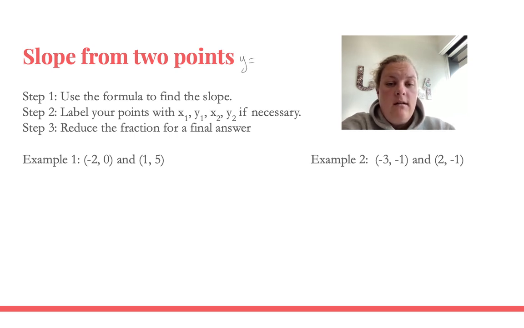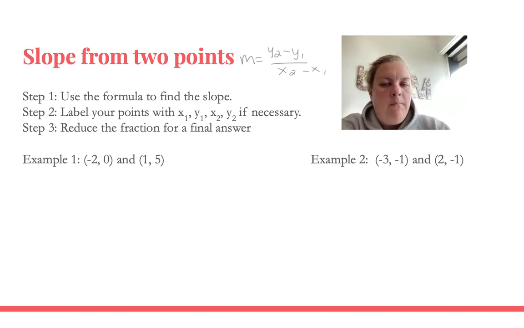It's not y equals, that is my mistake there. It is going to be m equals, m referring to the slope, y2 minus y1 divided by x2 minus x1. And even as an older person who's been doing math for a very long time, I still label my points.